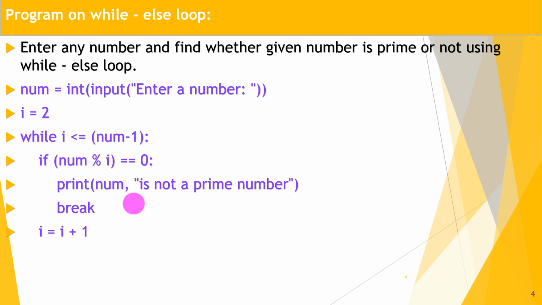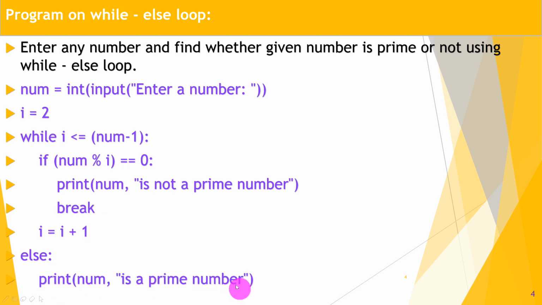We have already seen that part. Next, I is equal to I plus 1. That means increment I, because if we divide by 2, then we divide by 3, 4, so increment I by 1. Else, the while else, in the else part, if this break statement does not get executed, then automatically the else part is executed, and what is the message? Number is prime.